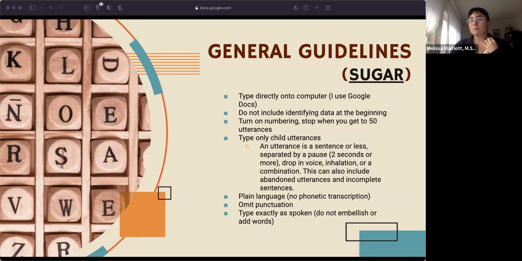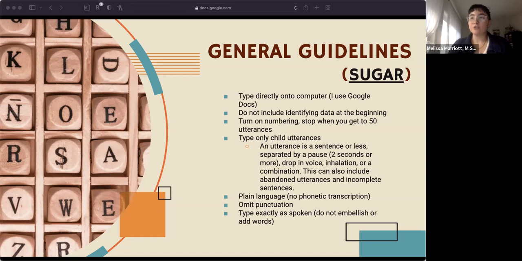When you're trying to determine the boundaries of an utterance, at the risk of oversimplifying, I would just say that if you think it's a single utterance, it's probably a single utterance. Usually an utterance is marked by a pause of 2 seconds or greater. And if they continue talking, it can be signaled by some of the typical things that you would listen for.